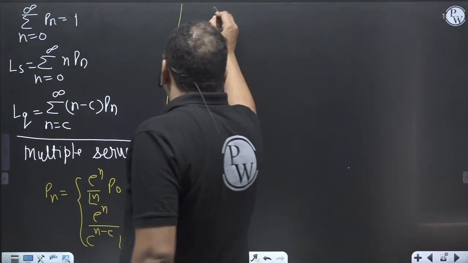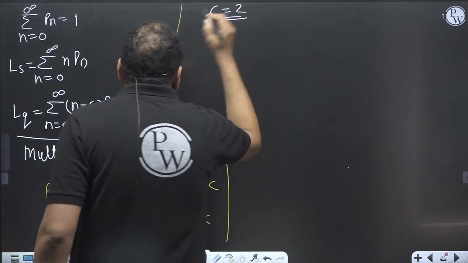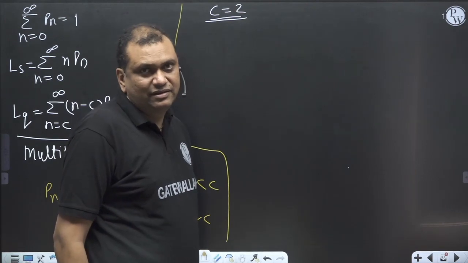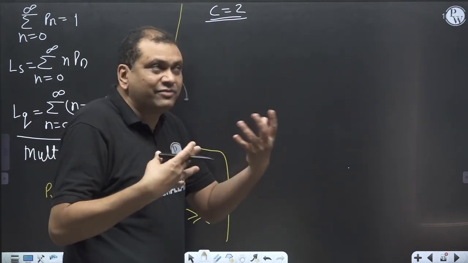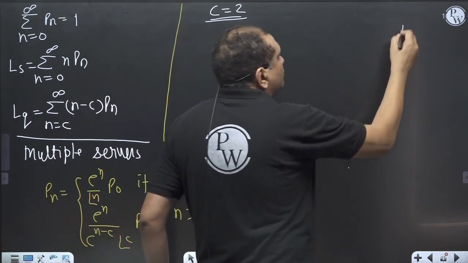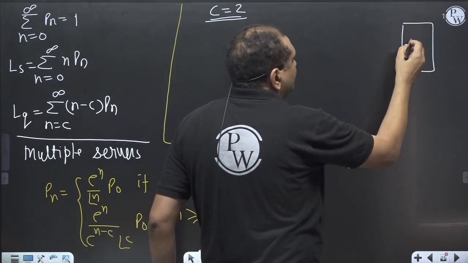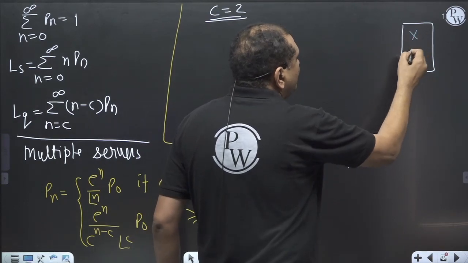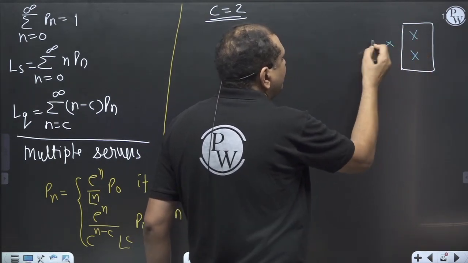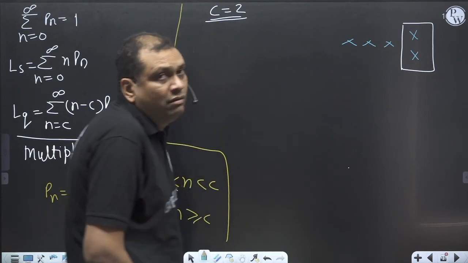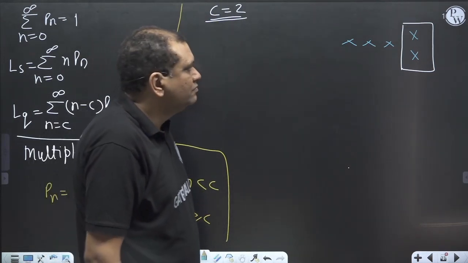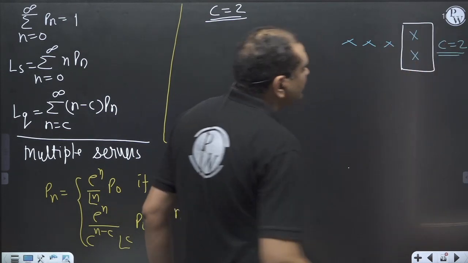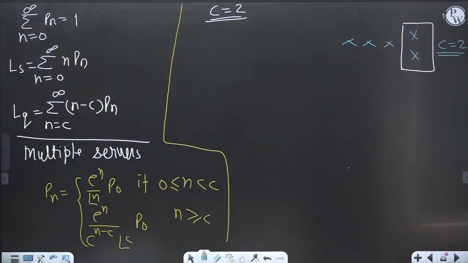And now let us say I am employing another server. So the situation will be there will be 2 storeroom attendants and there will be a single queue. So there are 2 servers now.